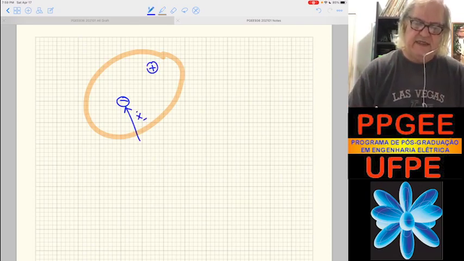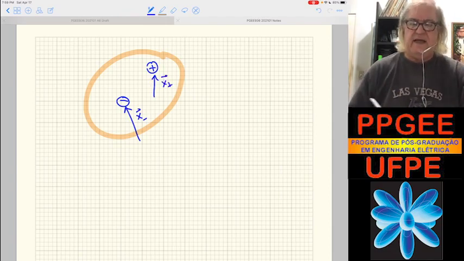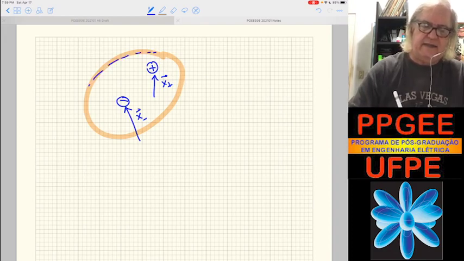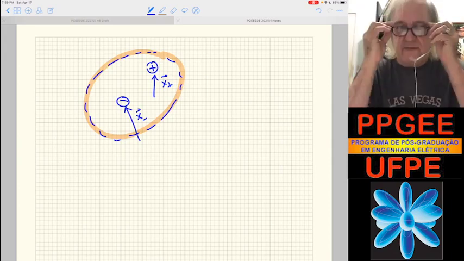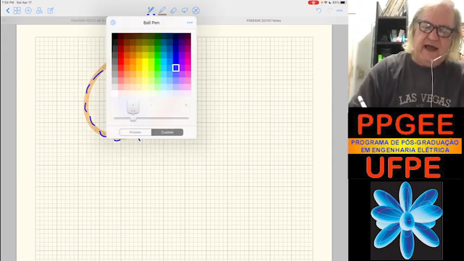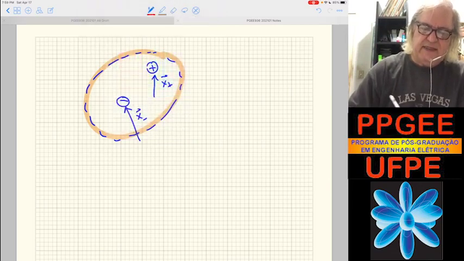Here we have the x minus location relative to a reference frame. Here's the location of the plus charge. So I want to know what's the energy of this system, which is bound here. Let's look at an atom or dipole in a field. So this is immersed in a field.